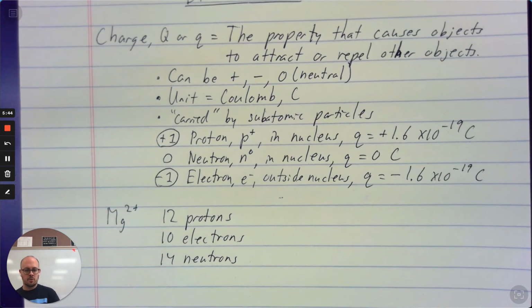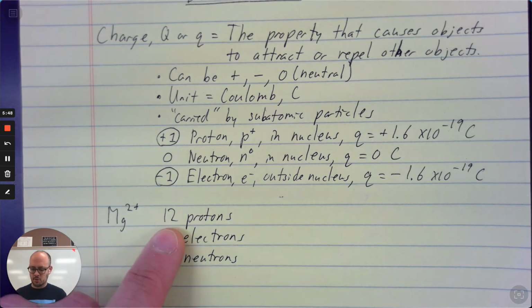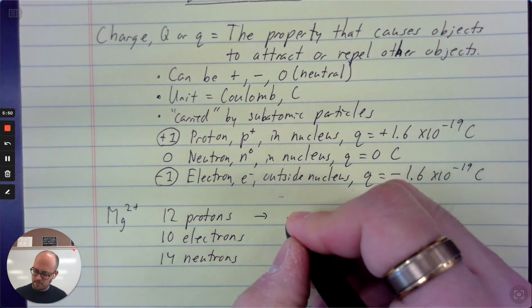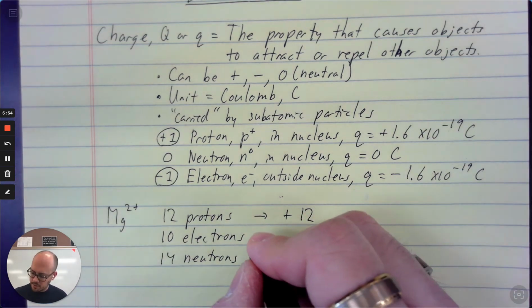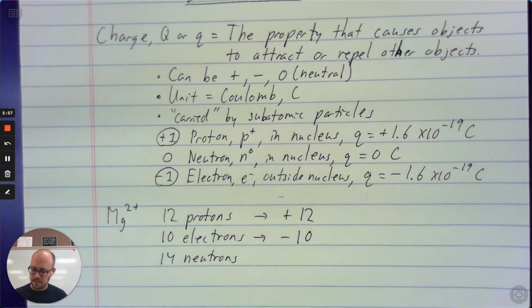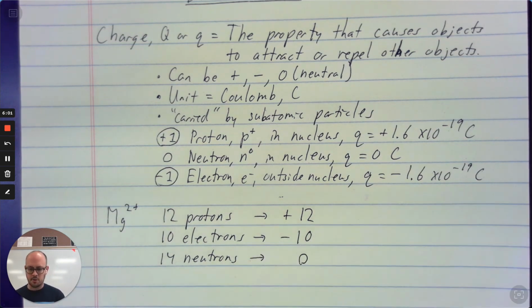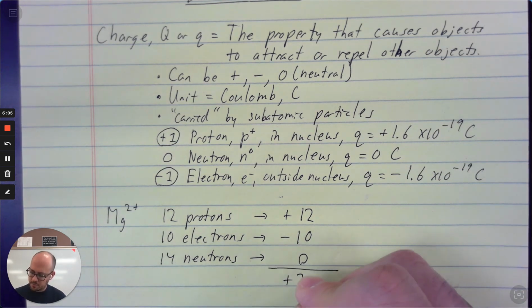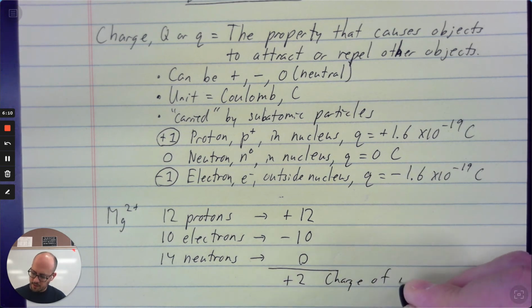And so something you did in chemistry is translate between these ideas. So 12 protons has a charge of +12. 10 electrons has a charge of -10. 14 neutrons has a charge of 0. And the total charge is +2. And that's the charge of that ion.